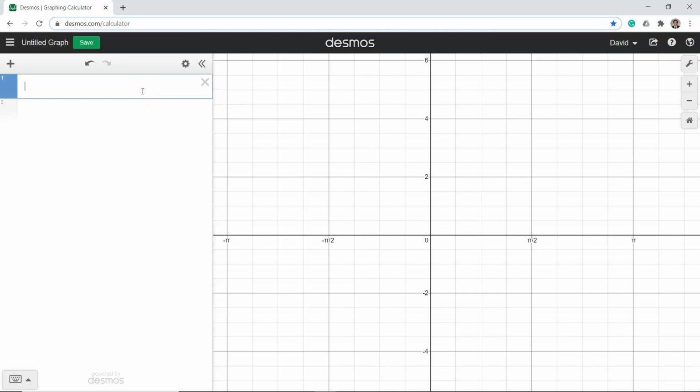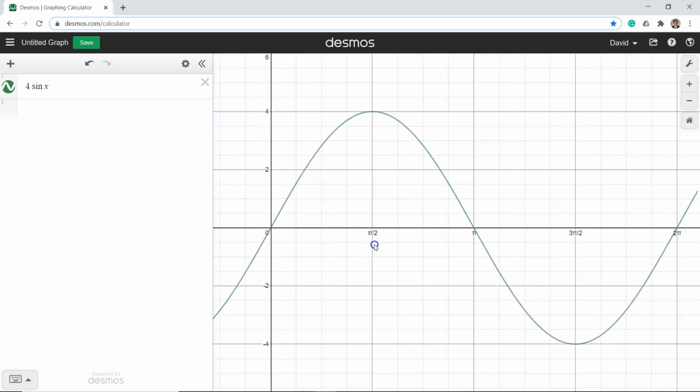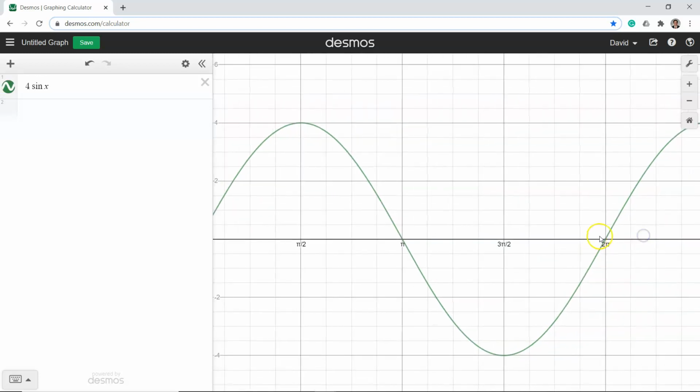So if we have an amplitude of 4 sine x, you can see that the only quarter points that have changed are the pi over 2 and the 3 pi over 2 coordinates. Right?